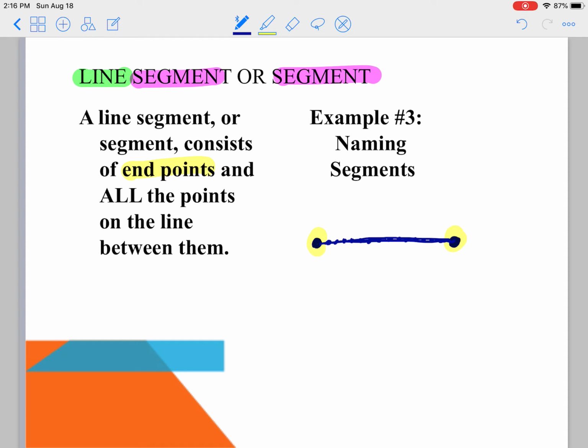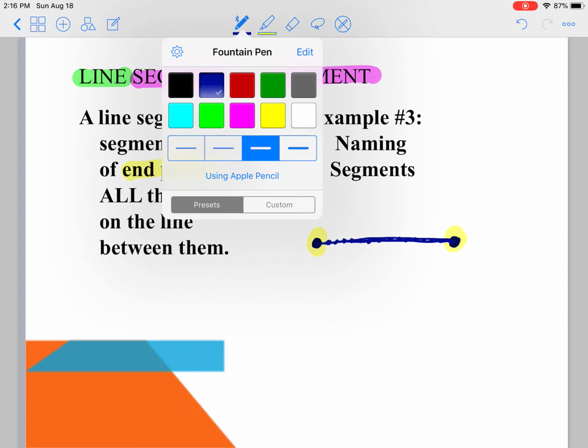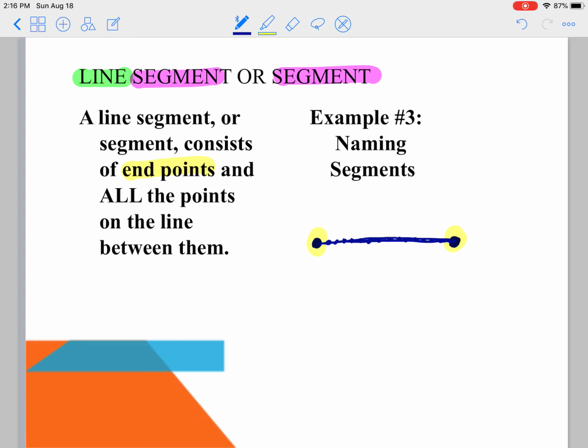And so once again, we have to be able to refer to lines by name, and we also have to be able to distinguish them from each other. If I had 2 separate lines, and these 2 separate lines did not have a naming convention, I wouldn't know which one I was referring to, or you wouldn't know which one I was referring to without a lot of in-depth description. And so once again, we are going to name them using the endpoints. We must use the endpoints.